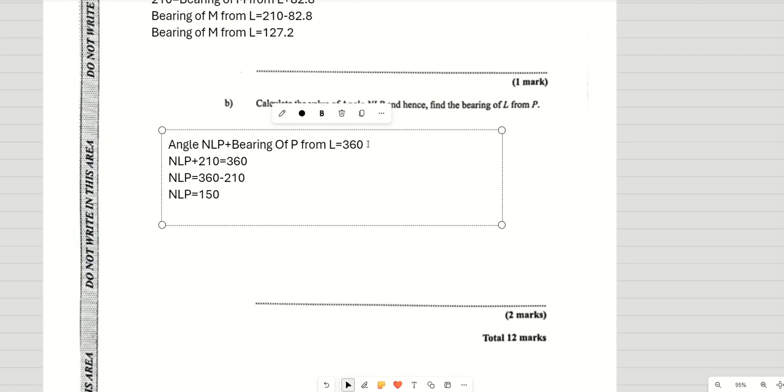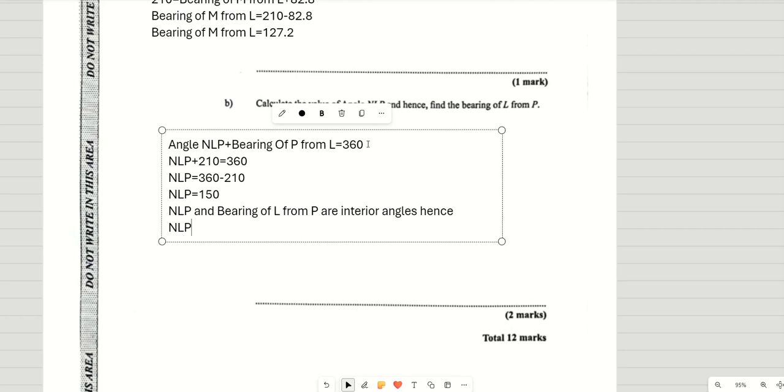Right? Then you would say that NLP and the bearing of L from P are interior angles. Hence, NLP plus your bearing of L from P is equal to 180. Right?